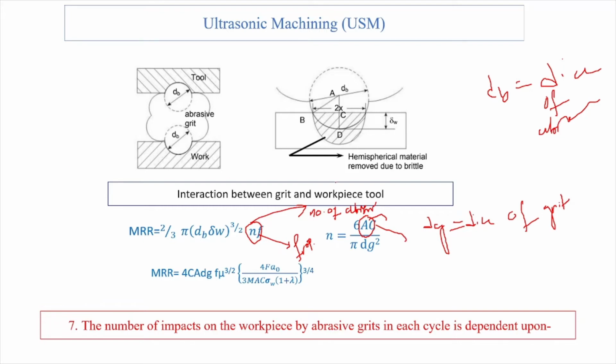So A is the total surface area, dg is the diameter of grit. So we can calculate n, the number of abrasives which are in contact with the workpiece surface.